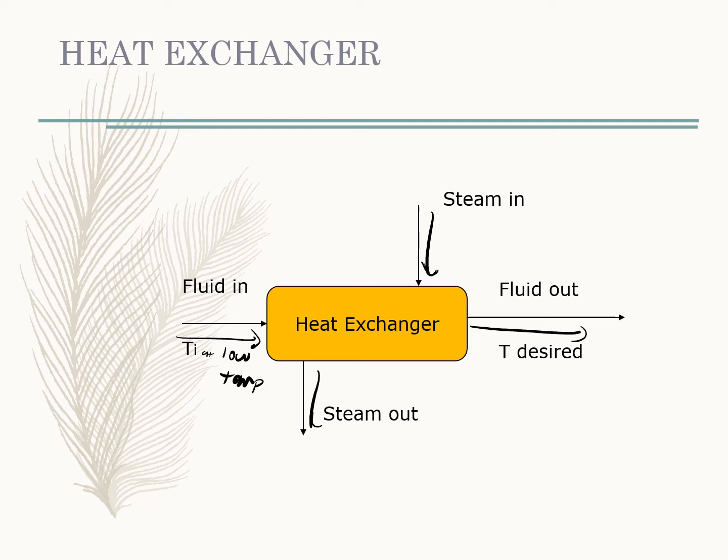The steam in will transfer heat to the fluid in and cause the temperature of the fluid to increase, so this one is high temperature. The steam out here will lose energy and the temperature of the steam is decreasing. That is how the heat exchanger works.